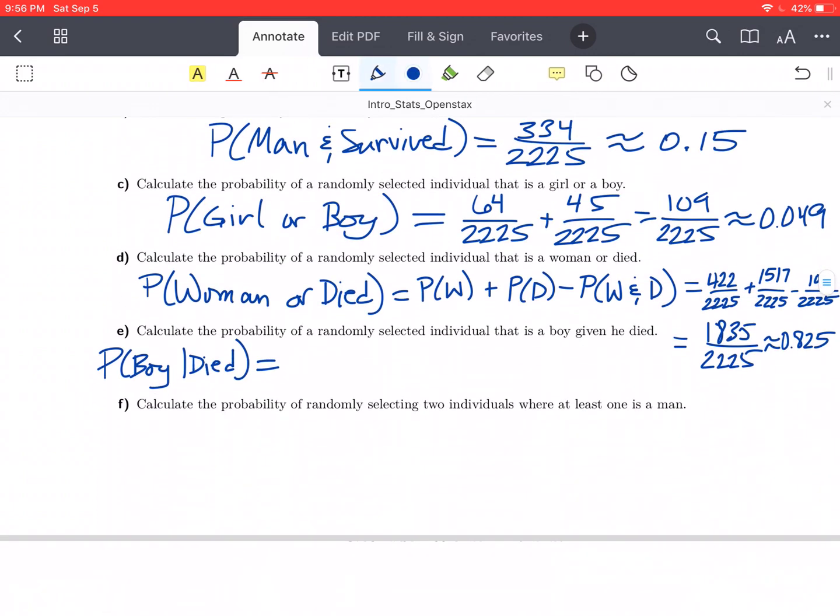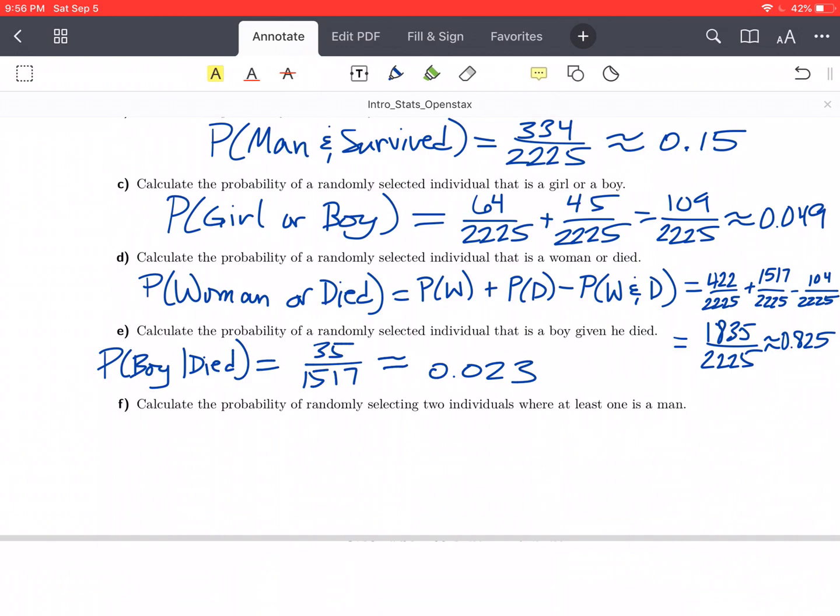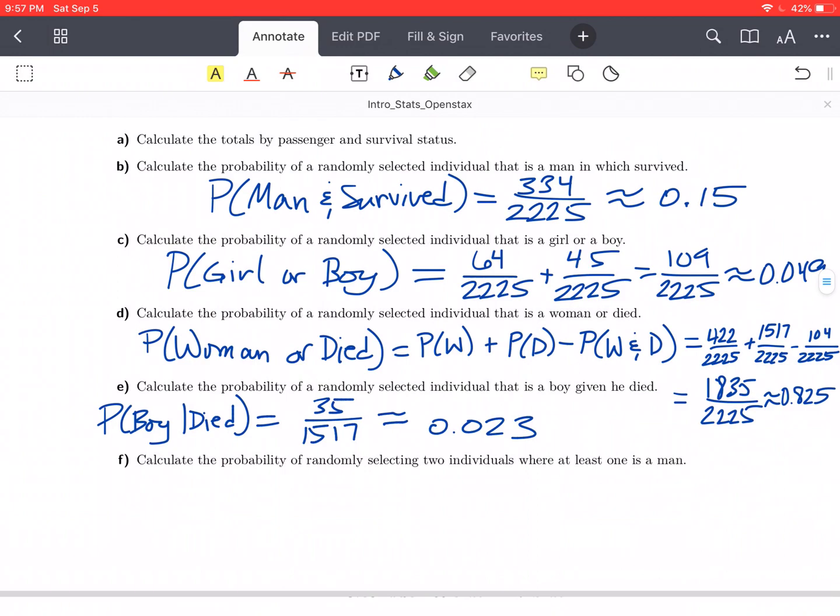So we're looking at 35 out of the 1,517, which is approximately 0.023. Okay, so about 2.3%. The probability that a person is a boy given that they were dead. Okay. And then part F, calculate the probability of a randomly selected two individuals where at least one is a man.